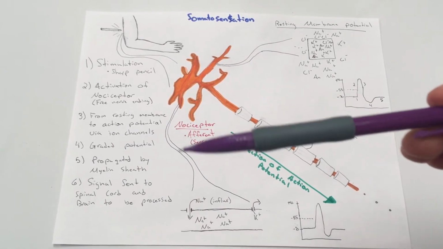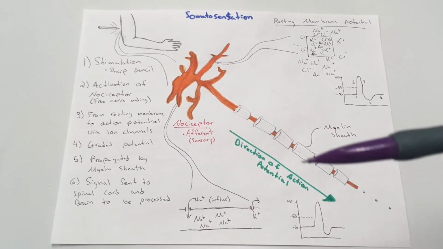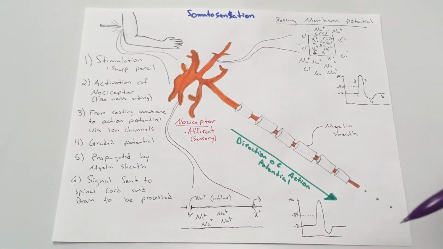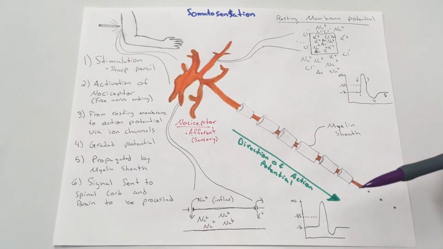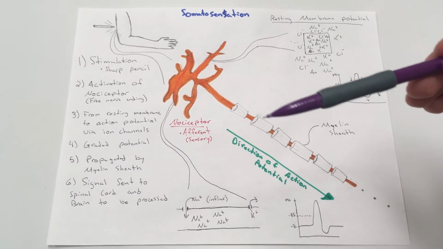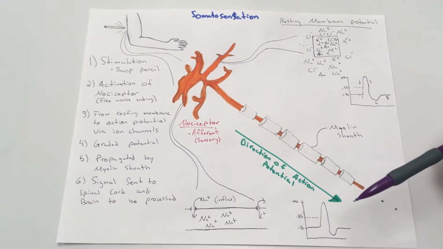So with the influx of sodium, we get an action potential, and this action potential is sent via graded potential, and this graded potential is able to be sent and processed along the entire length of the axon because it is coated in myelin sheath.